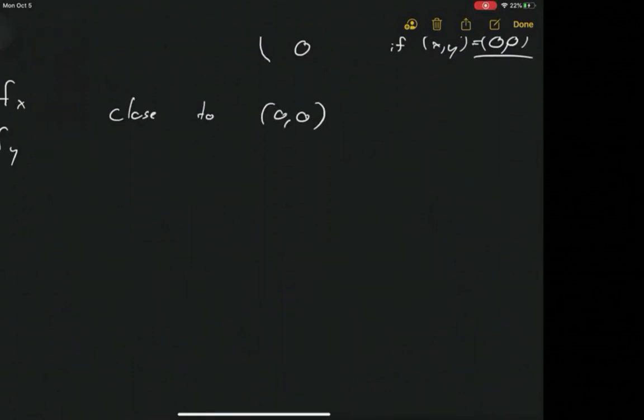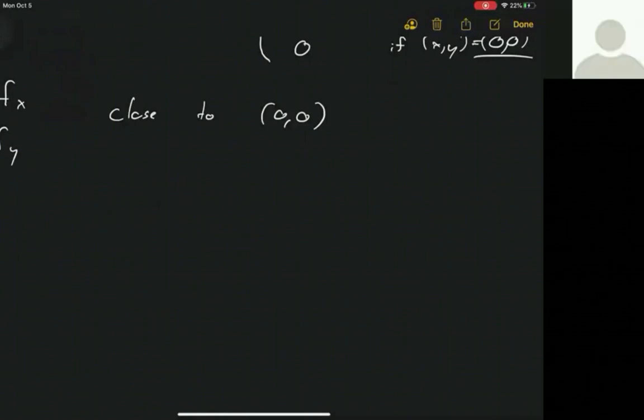You should get that these partial derivatives go to 0 in the neighborhood of this origin point. So these partial derivatives are, you know, fx.